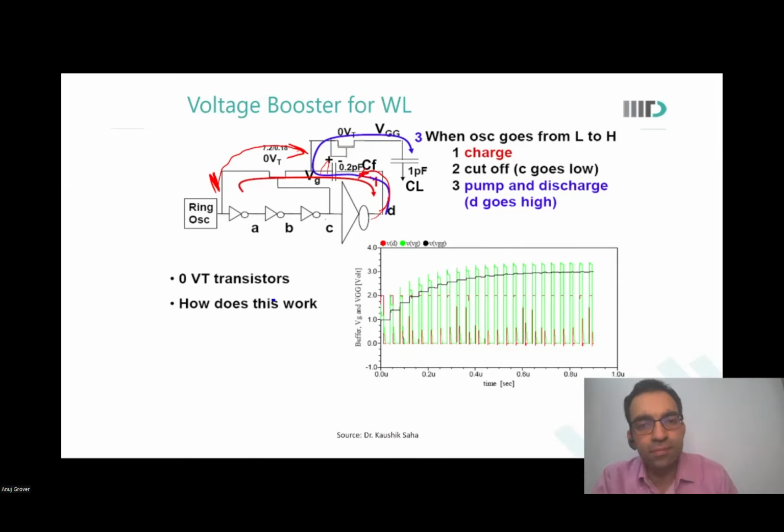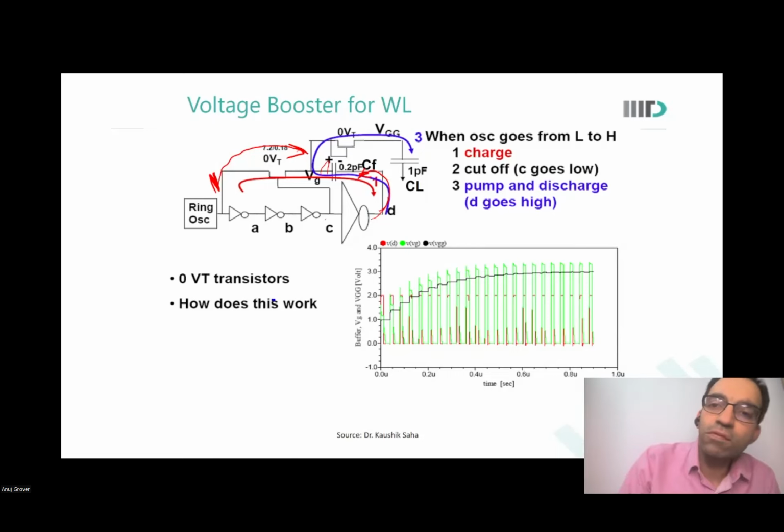Friends, is it clear? So if we add more inverters, the charging phase will increase. We could probably have a slightly higher rise per cycle. But you want to be fast, and a higher rise per cycle would take a little longer.